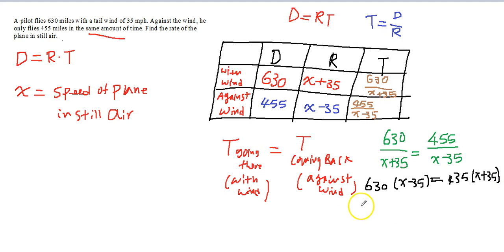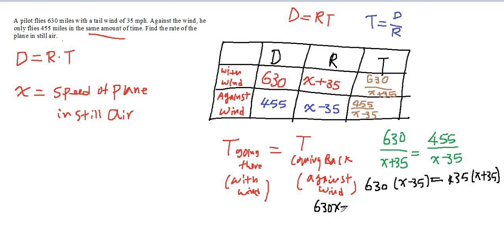Let's multiply these out. We get 630x minus 630 times 35.